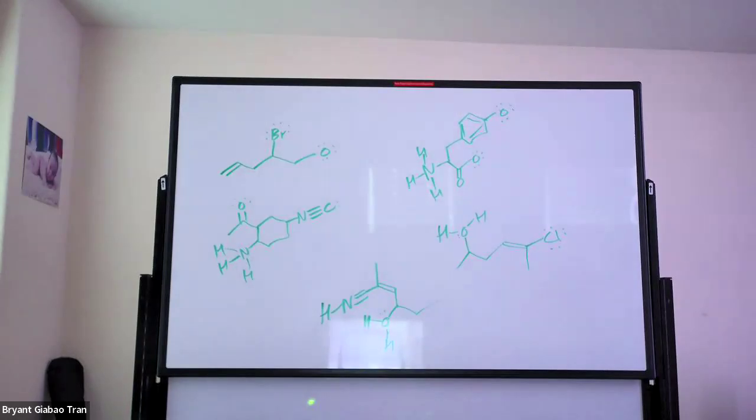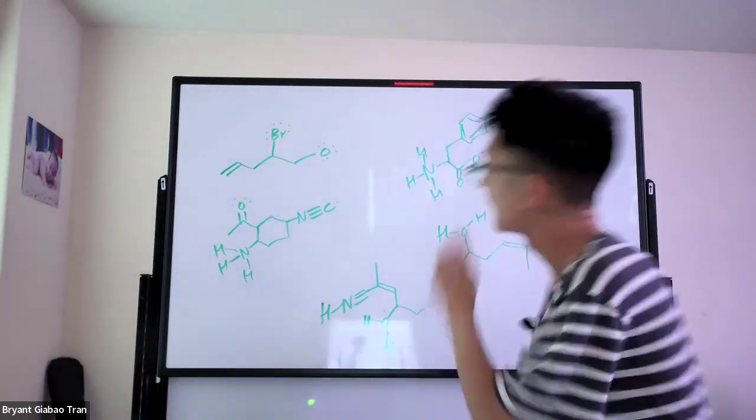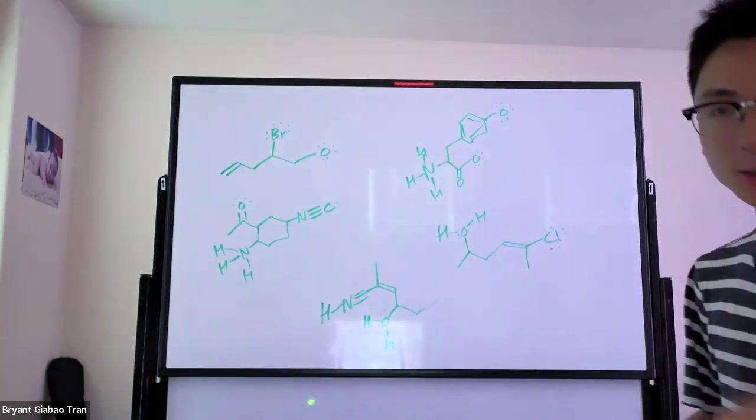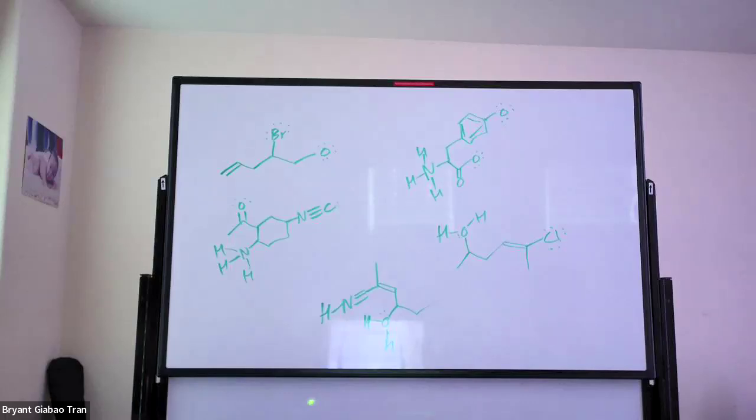For all of these 5 molecules here, there are missing formal charges. And I want you to figure out which charges are missing and on which atom for each example.